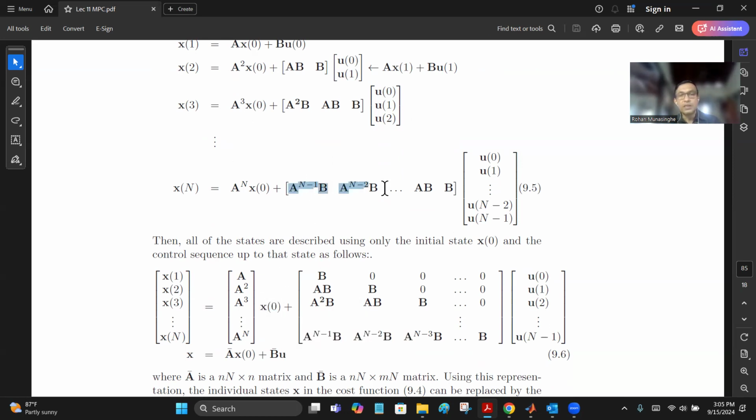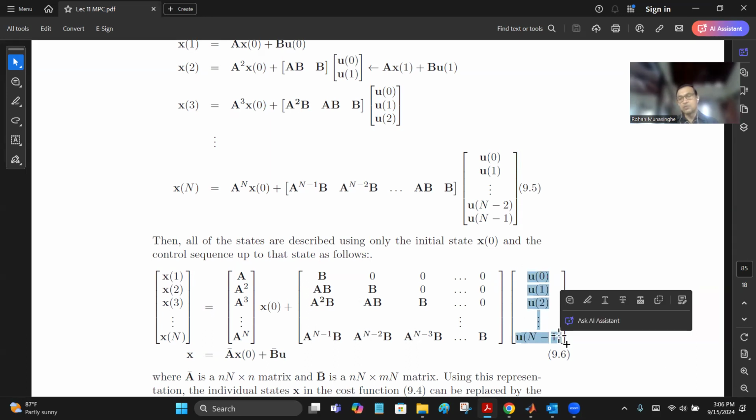And then all of these elements arranged in this format, multiplied by control signals u0, u1 up to un minus 1. So this big matrix equation, 9.6, shows you all of the intermediate states of the system as a function of x0, the initial state, and control signals since time 0 up to that point.